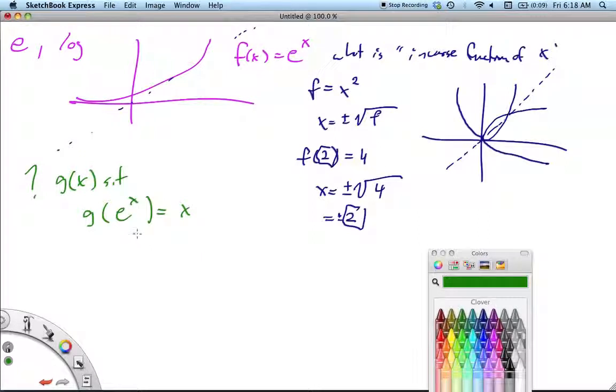Well, that function is called log. You could say, where did you come up with that? Well, just let it exist. Let it be what it is. We want log of e to the x to just be x.